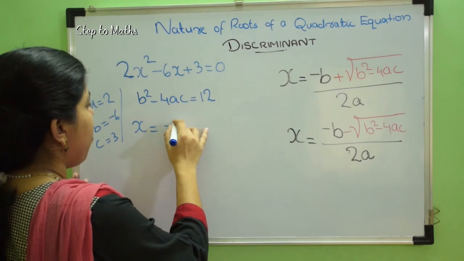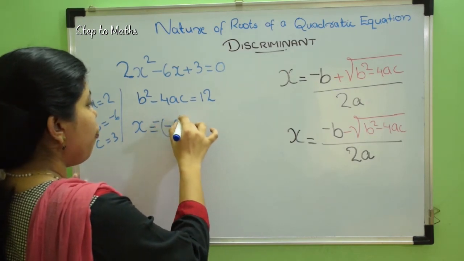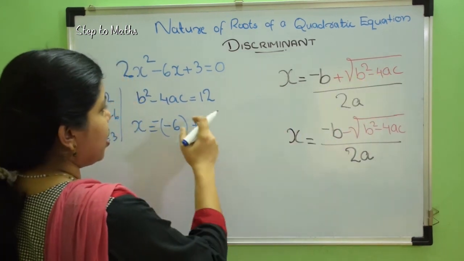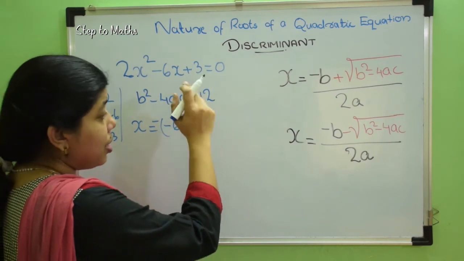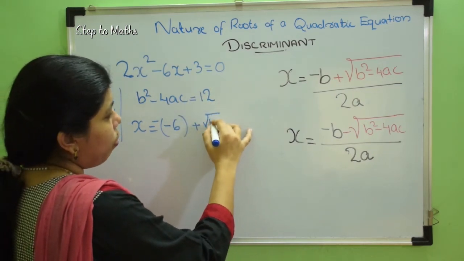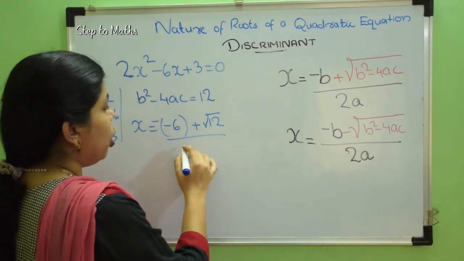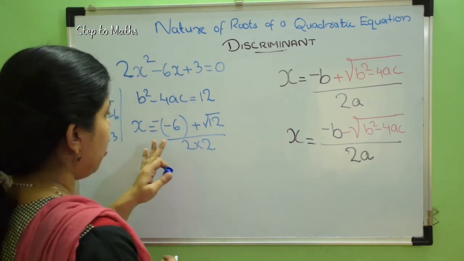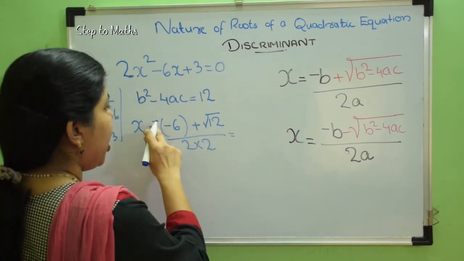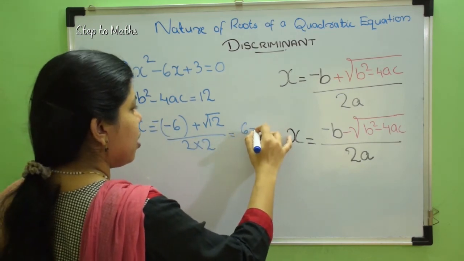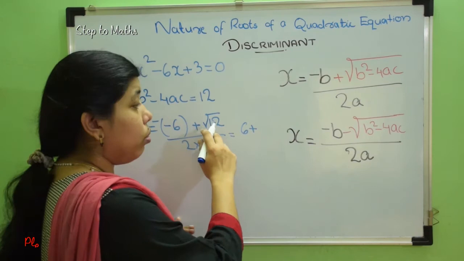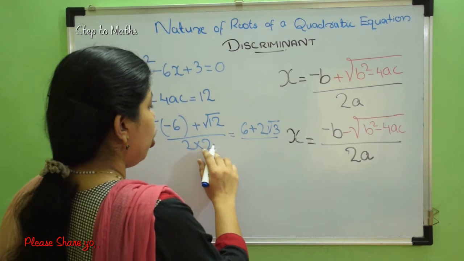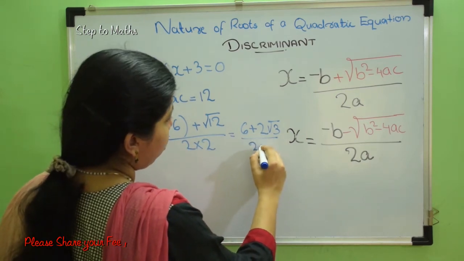Minus b is minus of minus 6, plus the root of b² - 4ac. The value of b² - 4ac is 12, that means the root of 12, by 2a, 2 into 2. Simplify this. Minus of minus 6 is 6, 6 plus √12. √12 we can write as 2√3, by 2 into 2.